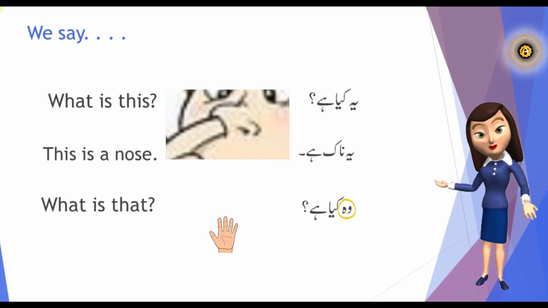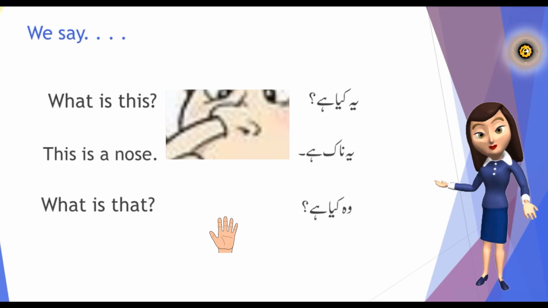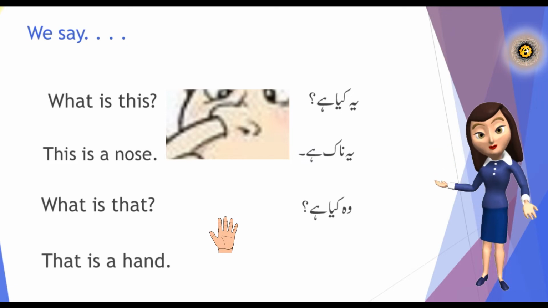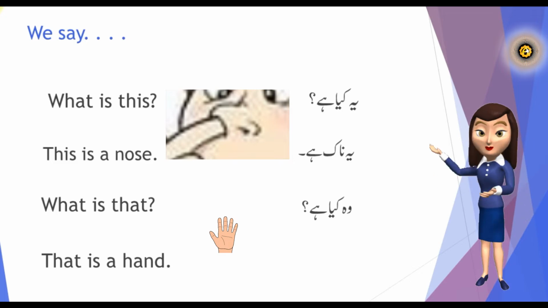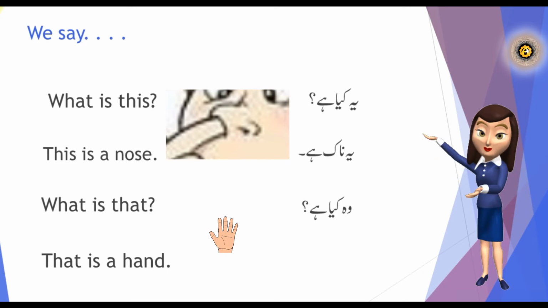So the question is, wo kya hai? In English we say, what is that? And in Urdu it is, wo kya hai? Alright? So, the answer is, that is a hand, because you can see there is a picture of hand, and you are going to reply, that is a hand.